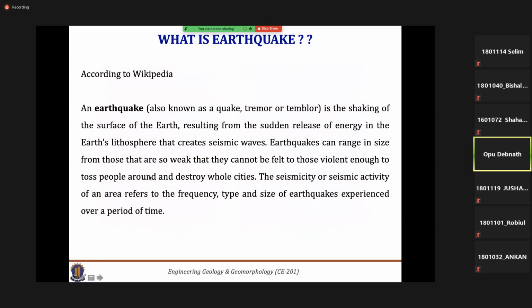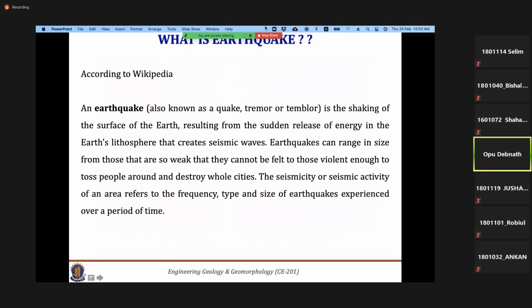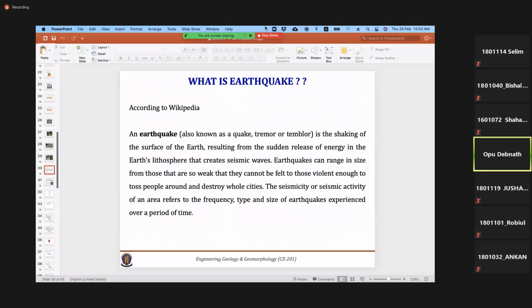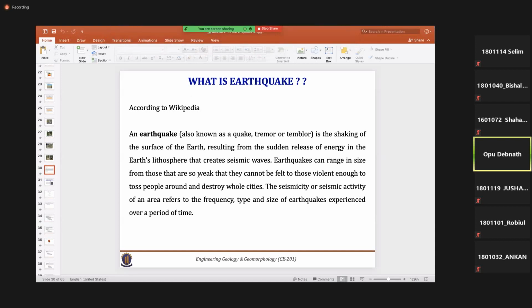So up to this point, these are some basic terms of earthquake. Thereafter, we will discuss some other terminologies.